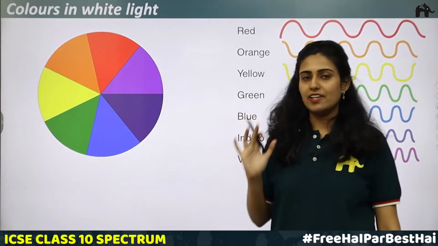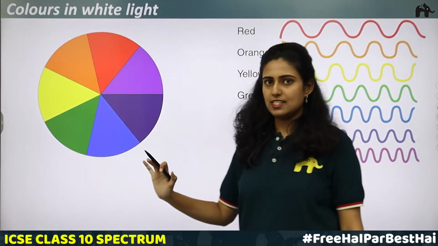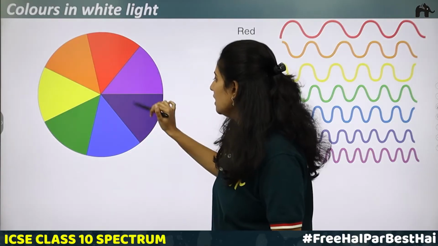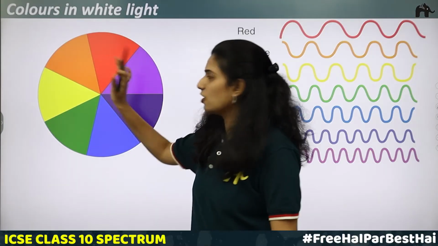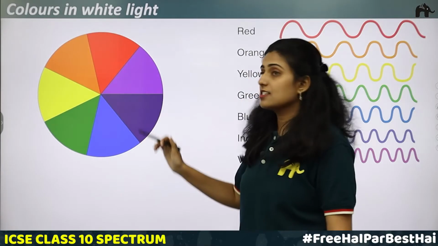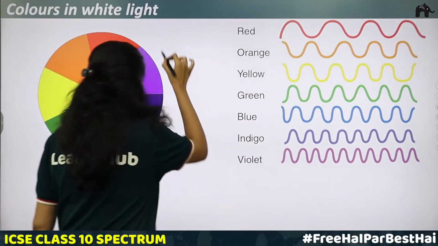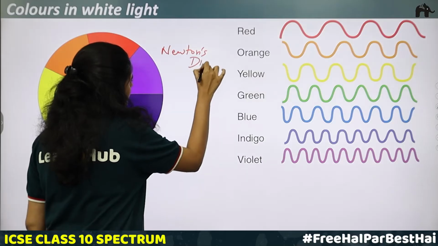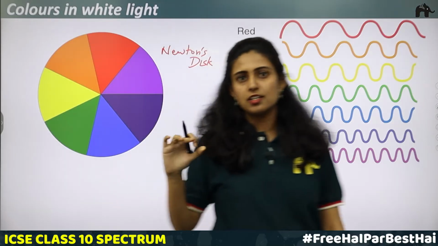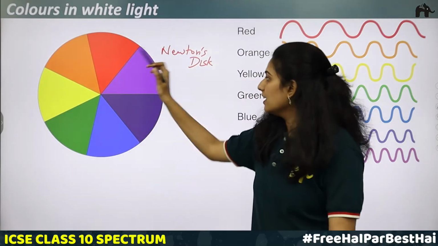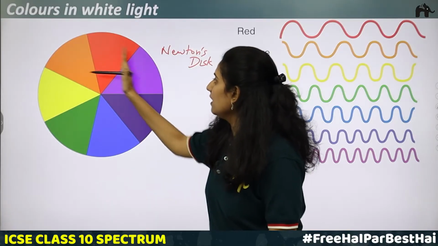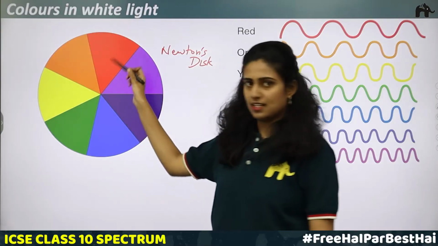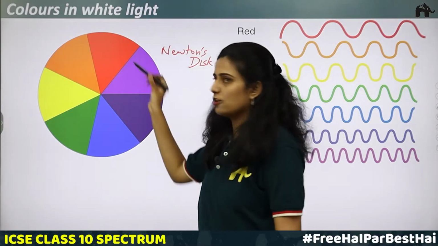Colors in white light. Here you can see a disc on which red, violet, indigo, blue, green, yellow, orange, these colors are there, and this disc is called Newton's disc. Take a cardboard, paste a white paper, divide it into 7 equal parts, and then color with these colors: violet, indigo, blue, green, yellow, orange, red.